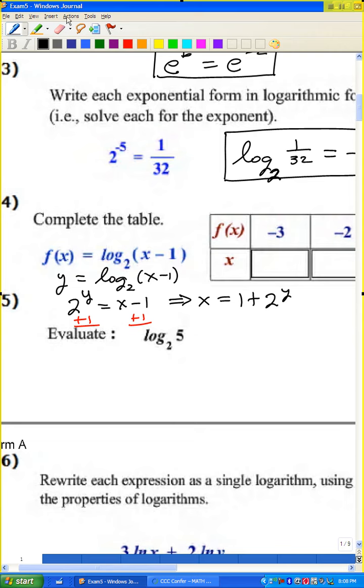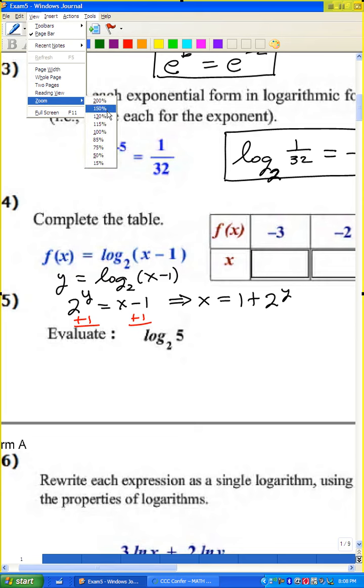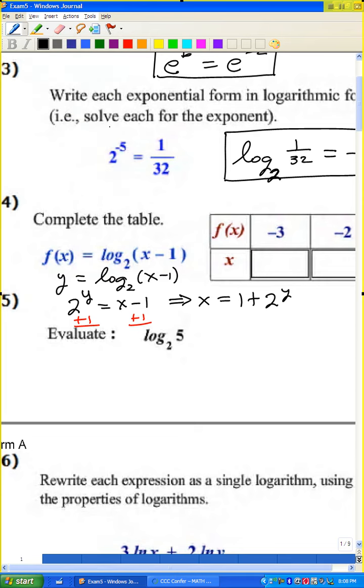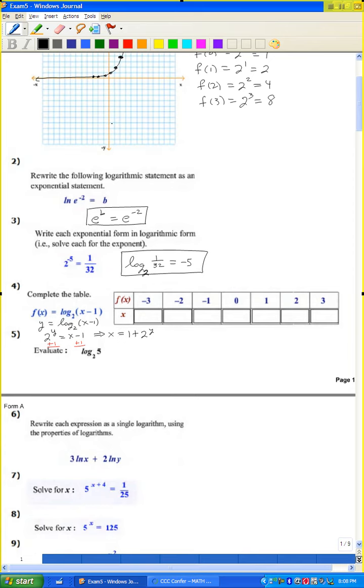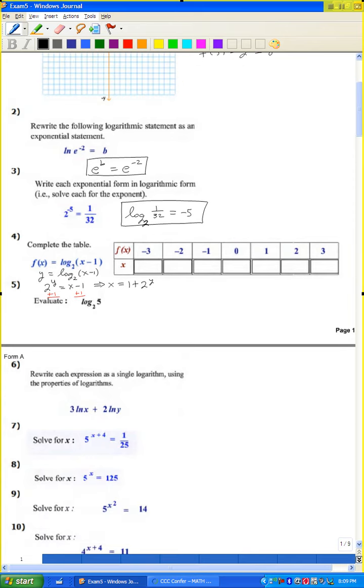Okay, so let's make this just slightly smaller. Okay, so let's evaluate when y is -3.